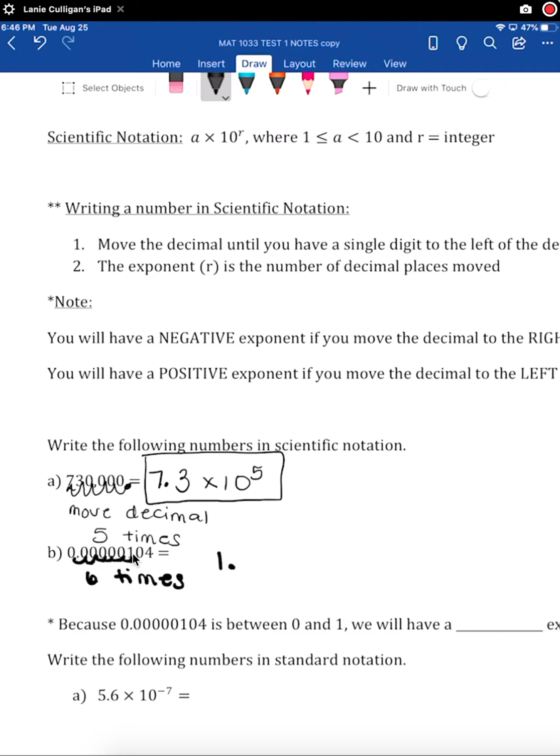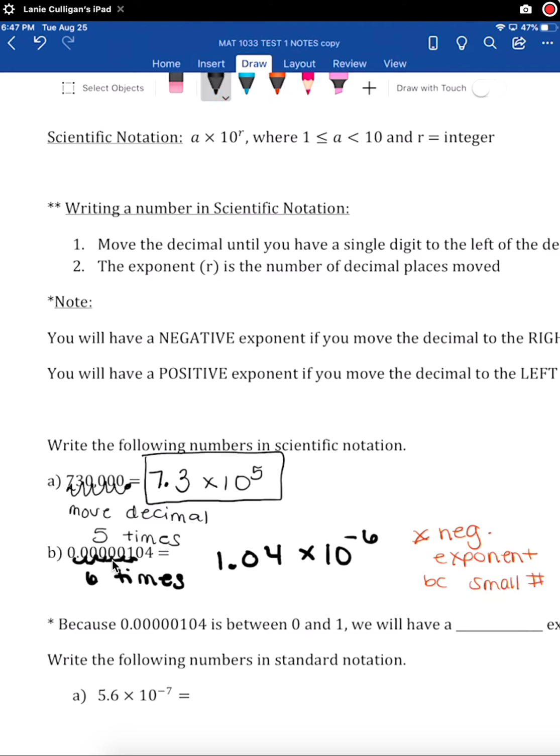So that'll leave me with 1.04. So I moved it until I got that one number to the left of the decimal. It's always times 10, and I move my decimal 6 times, so it's to the 6th power. Now, 0.0000104 is a really, really small number, so I'm going to have a negative exponent, because I have a small number.